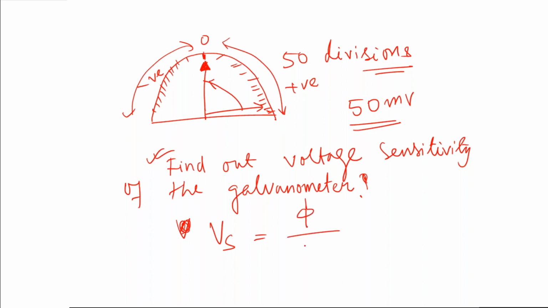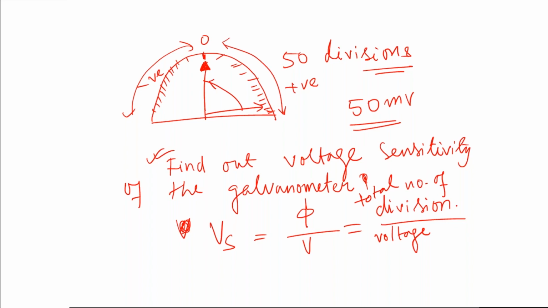Or if it is divisions, then it is the total number of divisions divided by the voltage needed for full scale deflection.